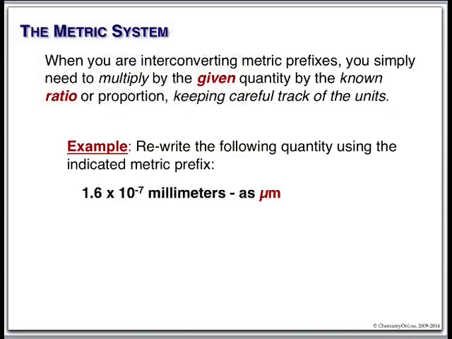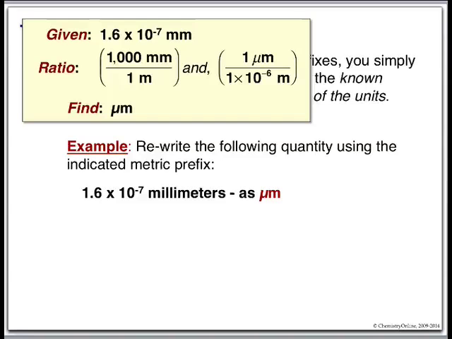So the easiest way to do this is to say, okay, I'm going to go from millimeters to meters, because I can do that. Then I'm going to go from meter to micrometer. So I need 2 ratios to do this. Start off with our given. First ratio has to be millimeters to meters. We know that milli is 10 to the minus 3. 1,000 times that is 1.